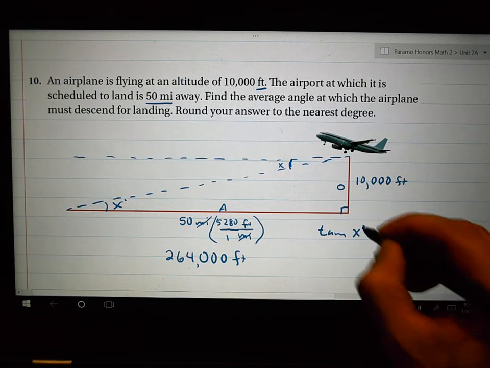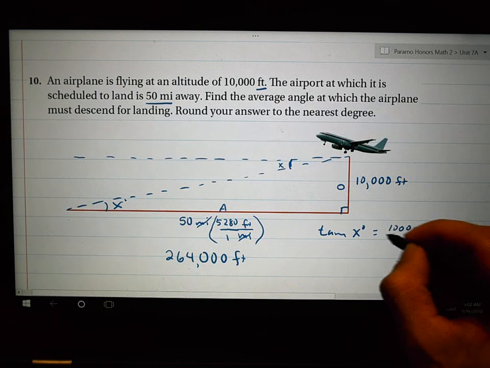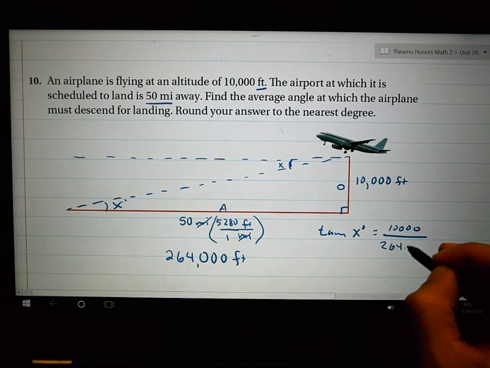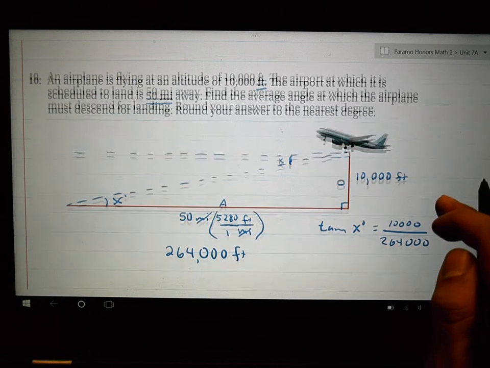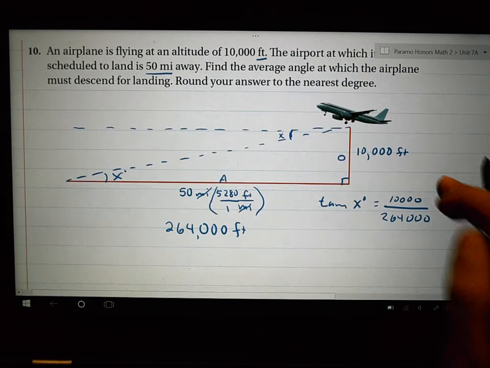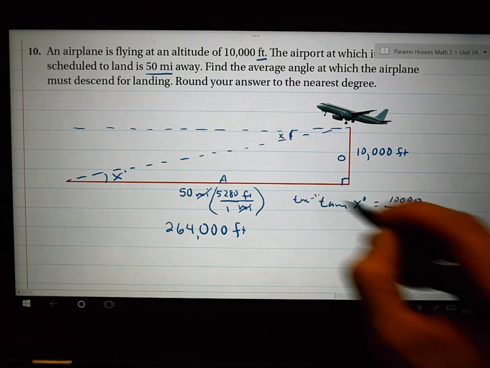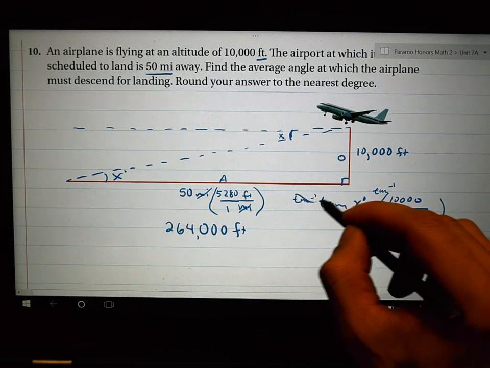Tangent of x degrees equals the opposite, 10,000, over the adjacent, 264,000. If you want to figure out what x is, then what you're going to need to do is get rid of this tangent, which is trapping that angle, by doing the inverse tangent of that whole thing.